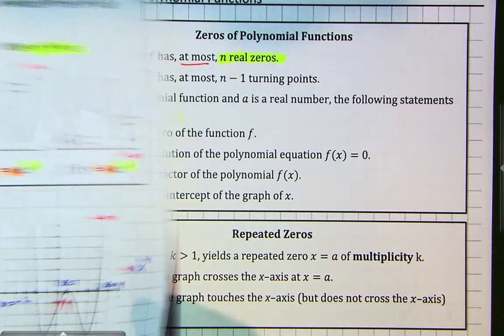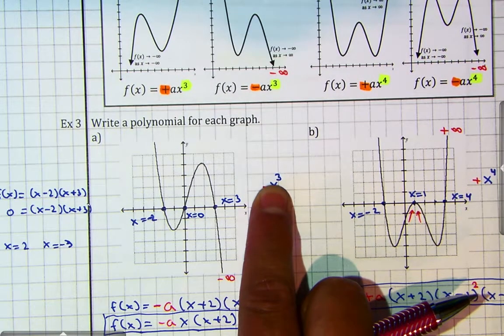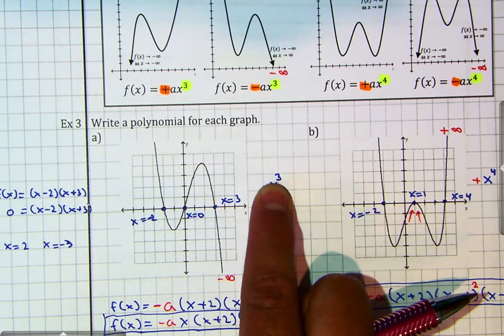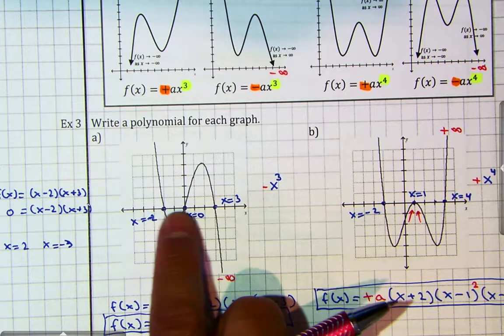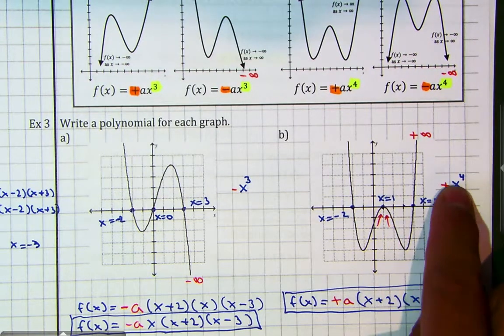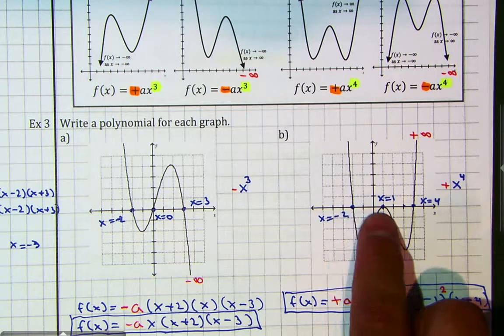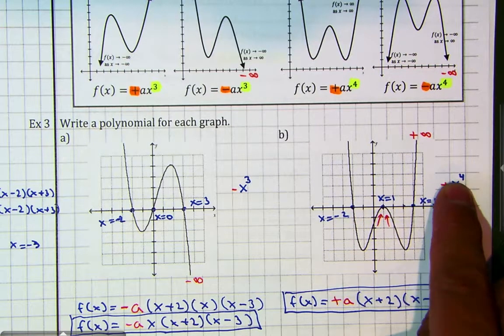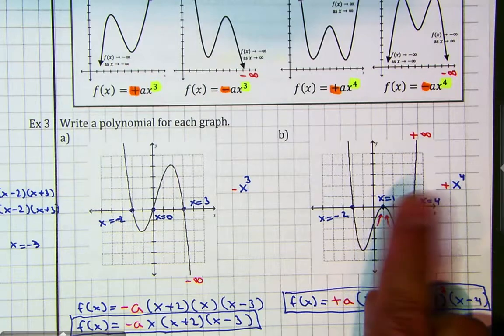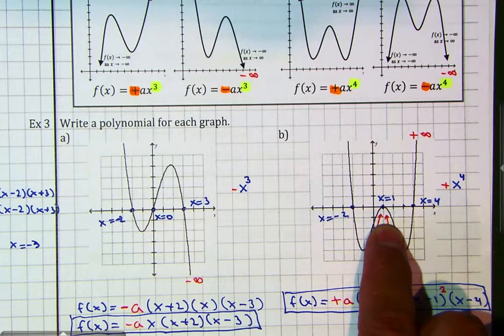So if the degree of the polynomial is 3, then you should have 1, 2, 3. But it's at most. If the degree of the polynomial is 4, you have 1, 2, 3, 4. The most I can have is 4, but I can have less, and that'll be due to the fact that this gets counted twice.